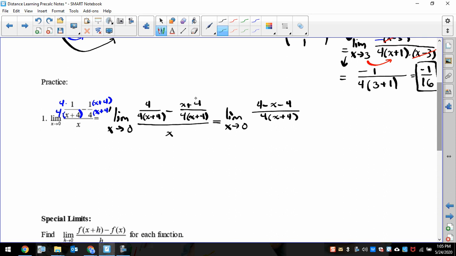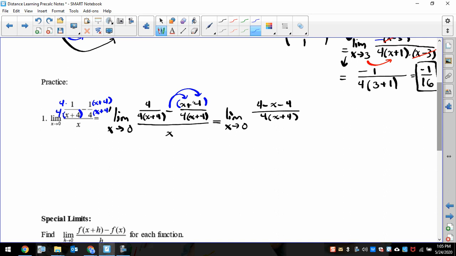So if you're observant, you noticed here that I distributed this negative sign between these two numbers. So notice I've got two negatives in between those two. So there's like a parentheses here. The fraction bar is a grouping symbol.